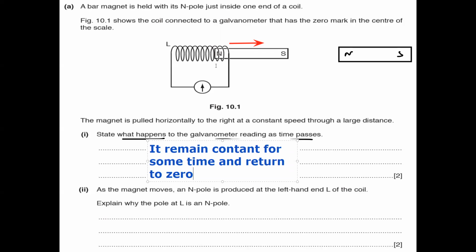Why does it return to 0? Because when we are moving a magnet away, there is a constant change in magnetic field, so a fixed voltage is produced here. But once the magnet is too far from the solenoid, there is no magnetic field. That's why the reading on the galvanometer will be 0.